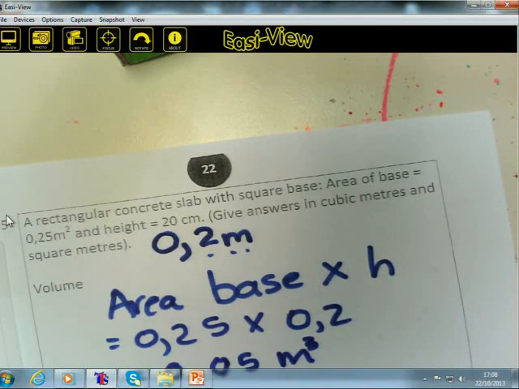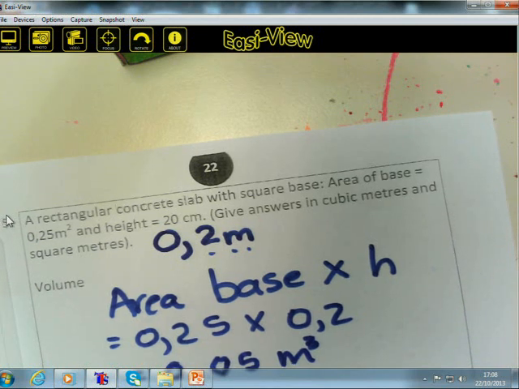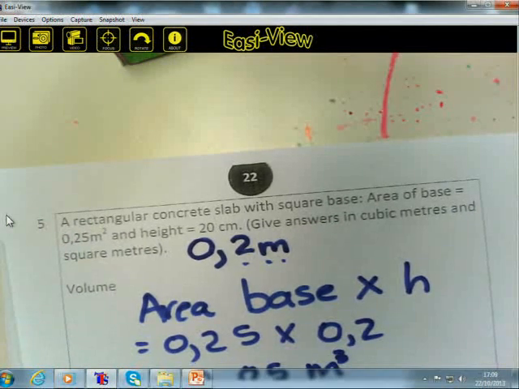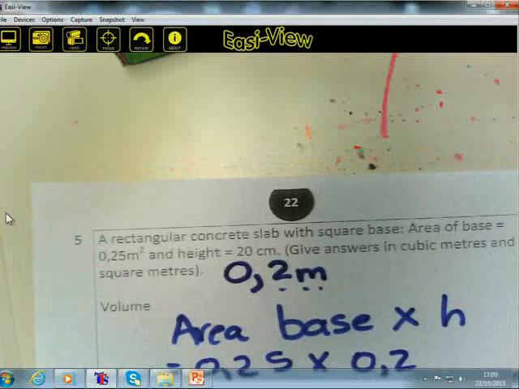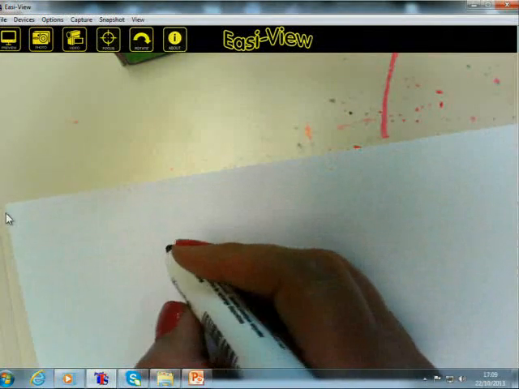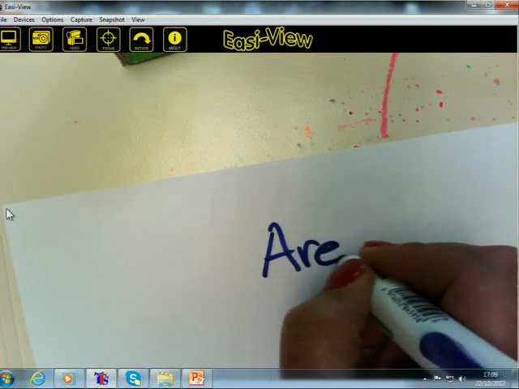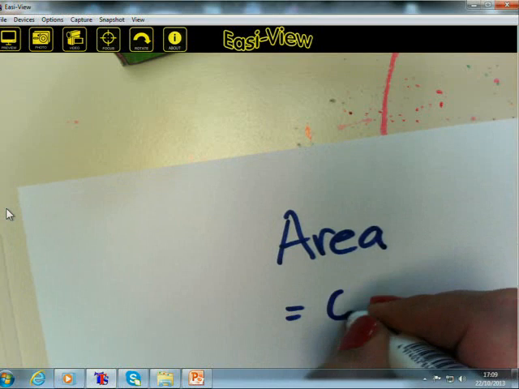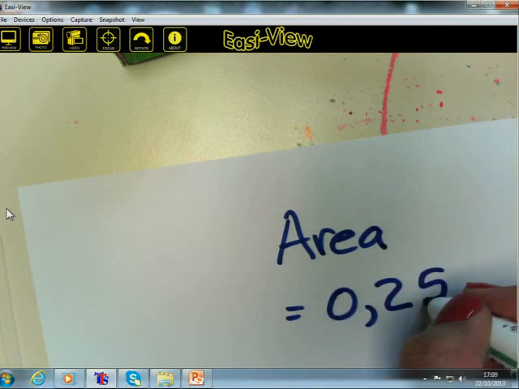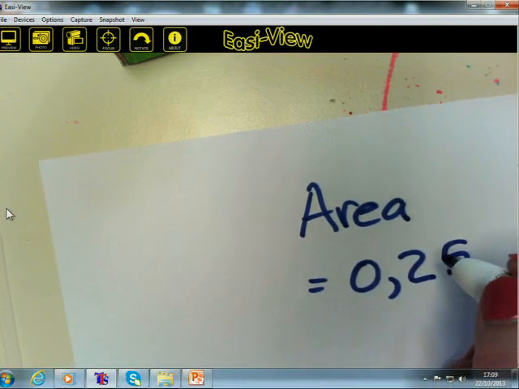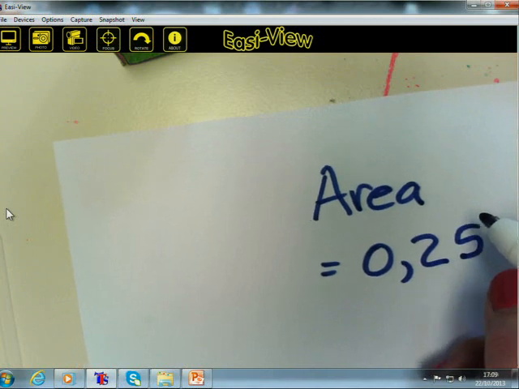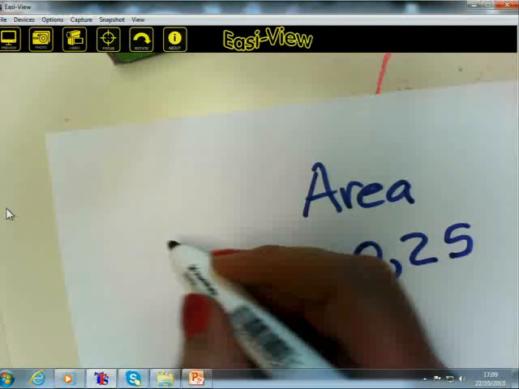Now there's something in this question that makes it a little bit difficult. It doesn't give us the measurements of the square base. They say the area of this base is equal to 0,25. And we know that it is a square, so how do we get the area of a square?